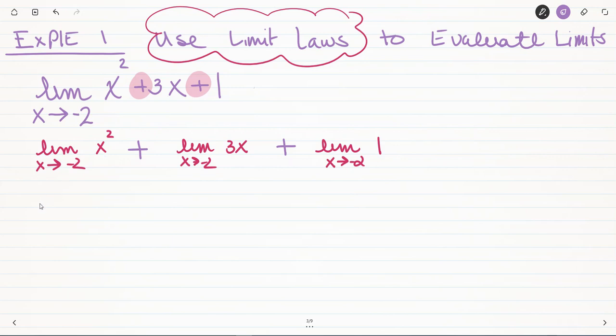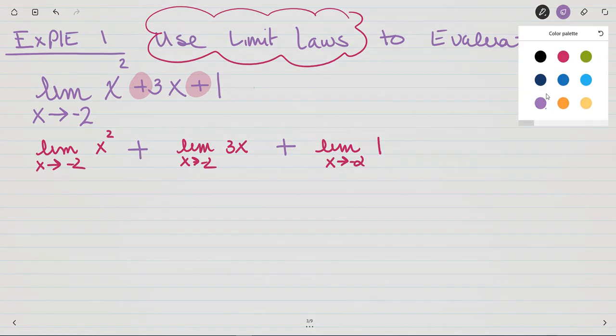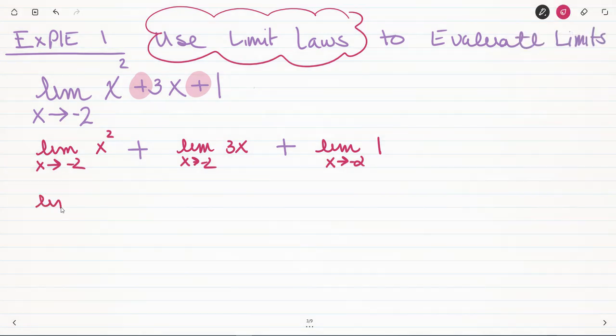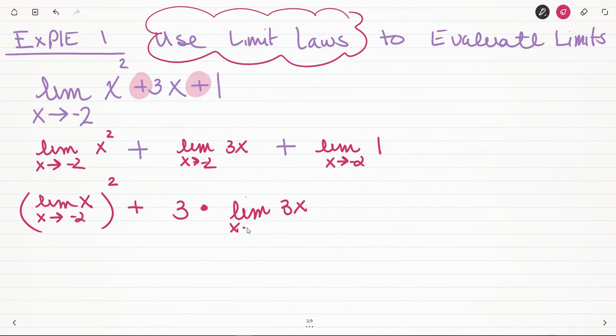So we could rewrite this one, and then we have the limit of a constant times a variable. And then just the limit of a constant.